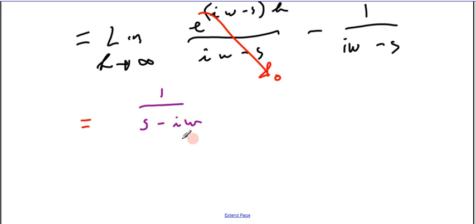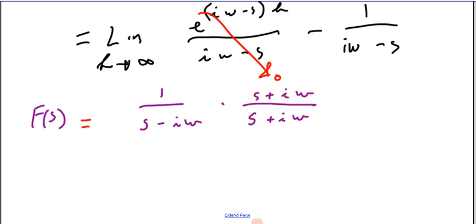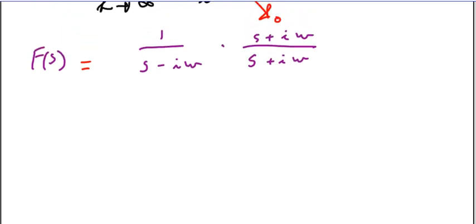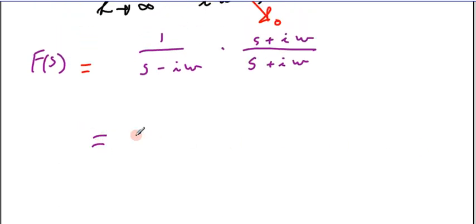And my 9th grade algebra teacher always told me to rationalize the denominator, s plus i omega over s plus i omega. Okay, so that looks okay. And then I'm going to have s plus i omega divided by s squared plus omega squared.